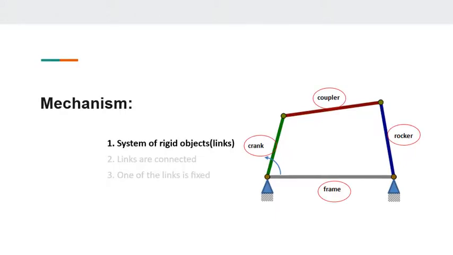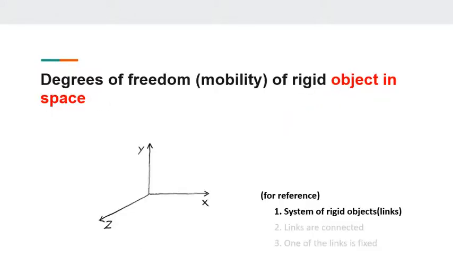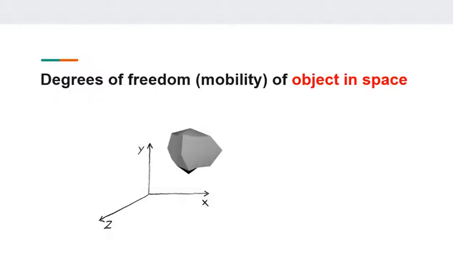The first one is, a mechanism is a system of rigid bodies, or a connection of rigid bodies called links. So, let us find out the degrees of freedom of a single link or single object. Let's consider a Cartesian XYZ coordinate system and a free object in this coordinate system.